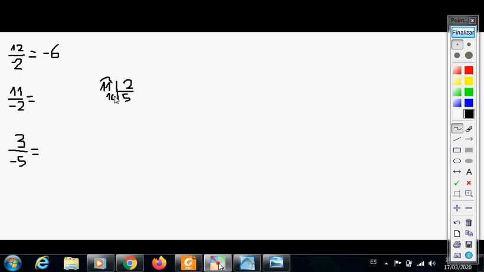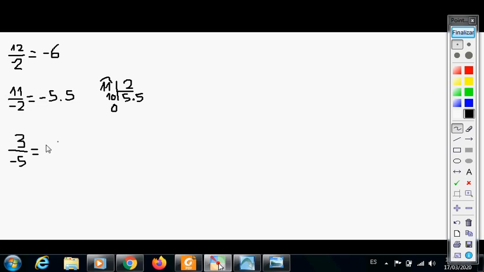We put a 0 here and a point there. 5 multiplied by 2 is 10. So, the answer for this is 5.5. And again, divided by negative is negative.